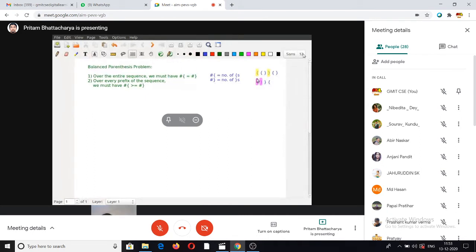We will use these two examples only to see how it works with the stack, the two cases of the algorithm, when it will say that yes, this is a valid string of balanced parentheses, and when it will say no, this is not a valid string of balanced parentheses. So let's draw the stack.